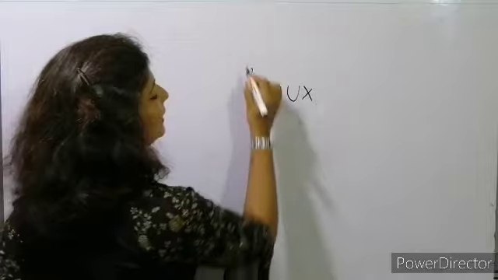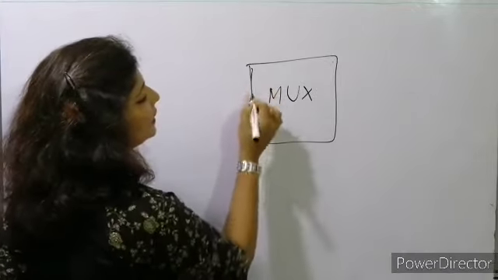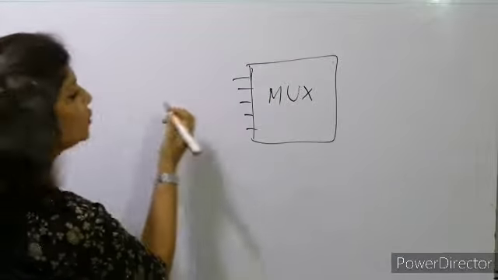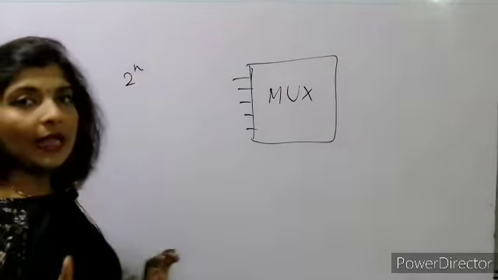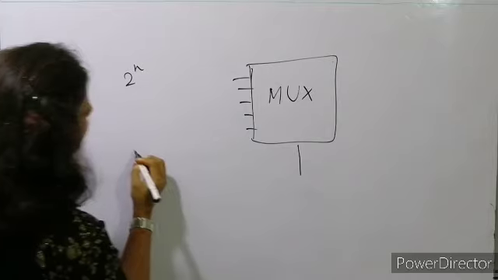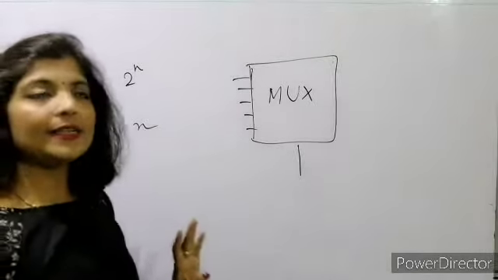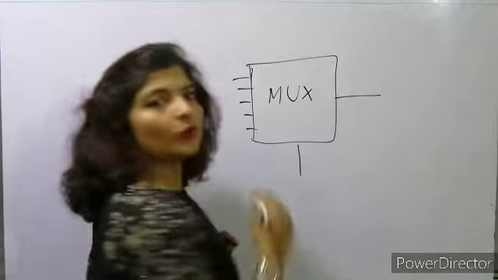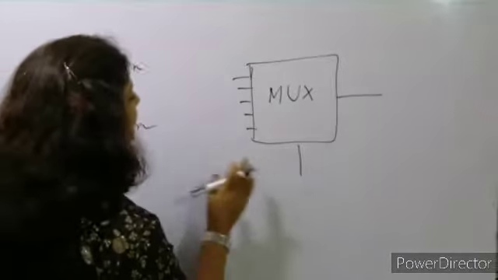In a multiplexer, denoted by MUX, there are 2 to the power n input lines, n select lines, and only one output line.